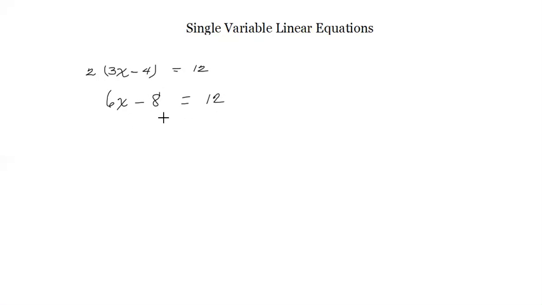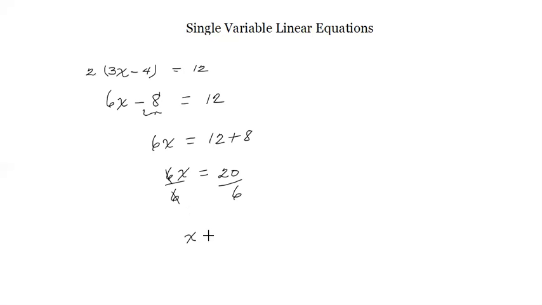All right, and I'm going to transpose this minus 8, take it over here, it's going to become positive. So I have 6x is equal to 12 plus 8. So 6x is equal to 20. Now, of course, what I have to do now is divide both sides by 6.